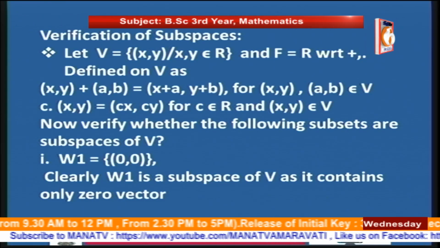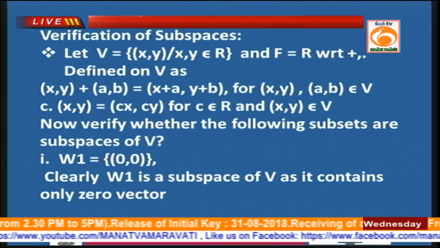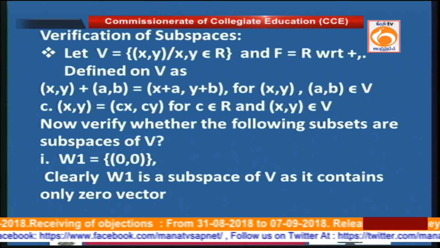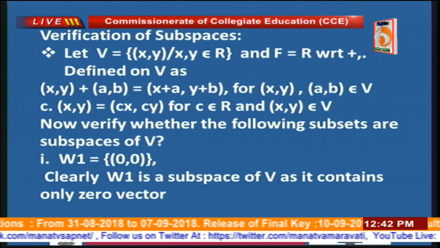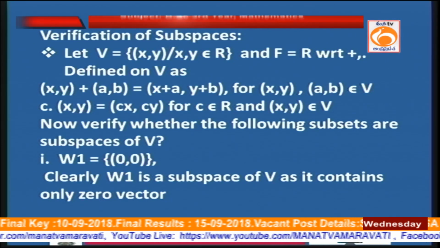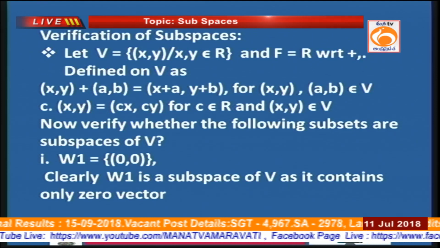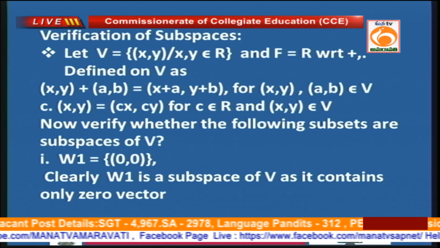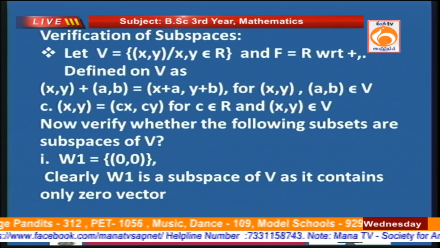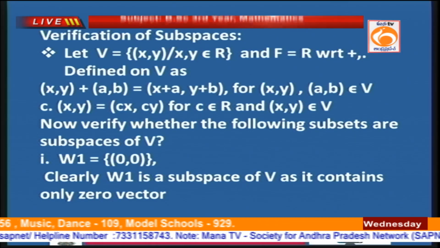The first one I am taking as W1 is the set consisting of only 0 comma 0. So now what is this 0 comma 0? Can anybody identify? Yes, this is the additive identity in V. This is the 0 vector, 0 bar of V, which I had just shown in the figure, that is the origin.